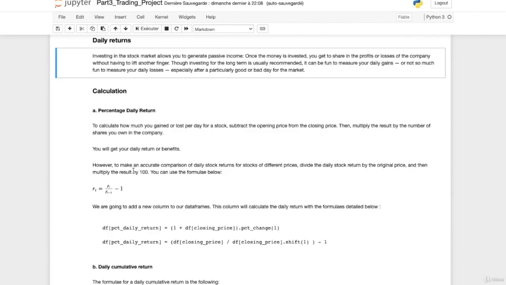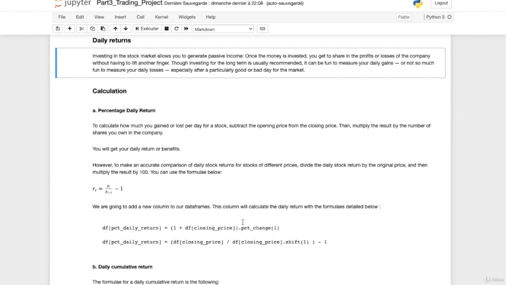On Python, in order to do so, you have two options. The first one will be to use the pct_change function, which means you will have to do 1 plus your closing price column dot pct_change(1). The 1 will determine the number of market days that you want to include.